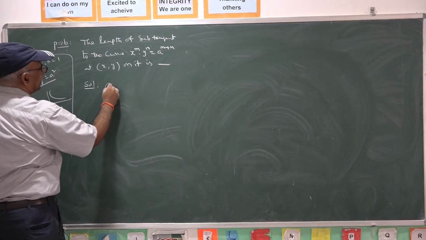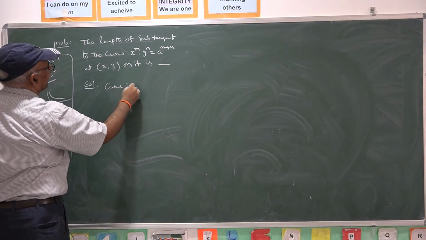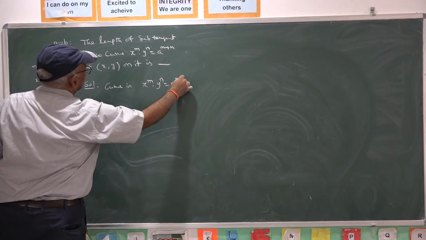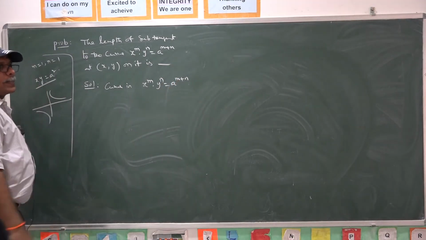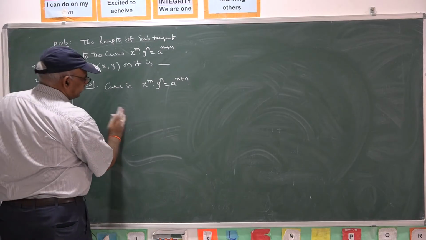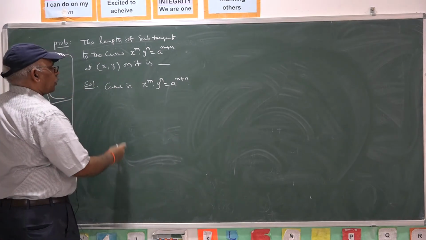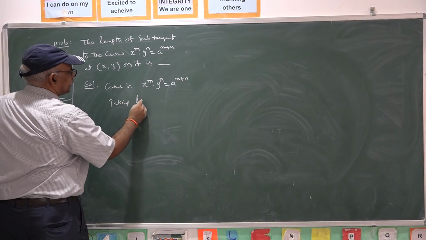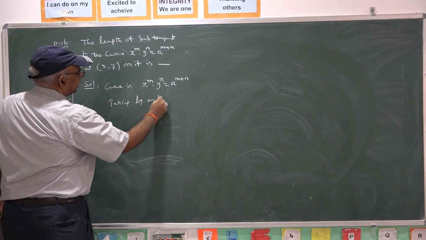So, the curve is x power m into y power n equal to a power m plus n. Taking logarithm on both sides to the base e, of course.